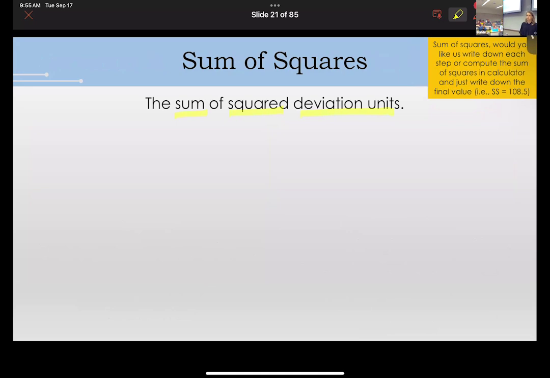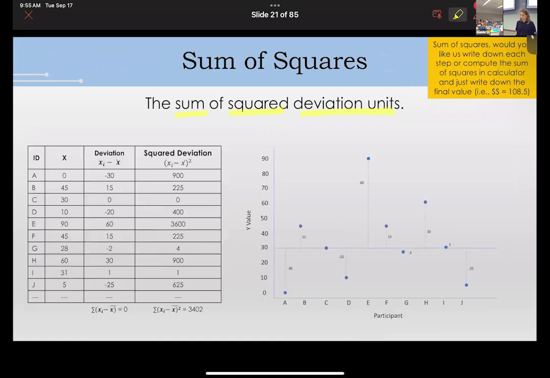Sum of squares describes how far all the data points are from the mean. That's it. So in order to do that, we first have to subtract how far each data point is from the mean. Those are called deviation units. But if I add up all the deviation units, everything above the mean and everything below the mean, I get what? 0.